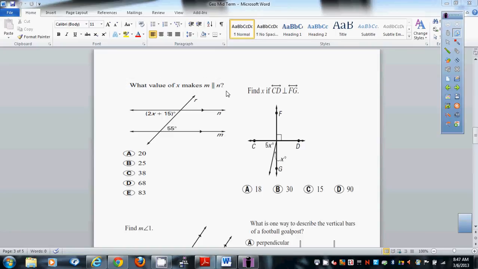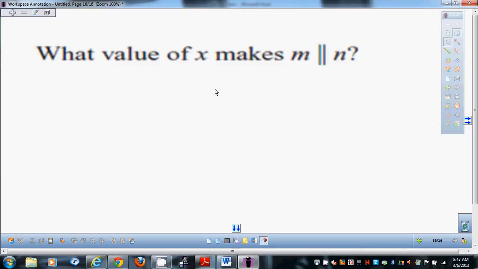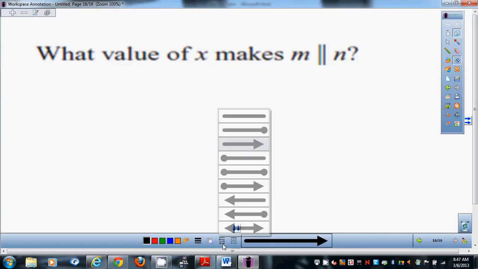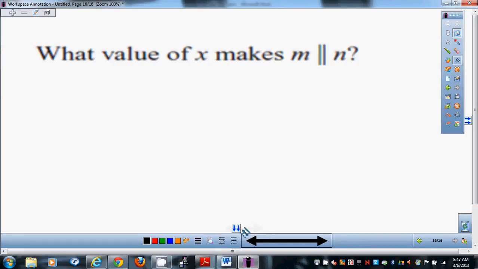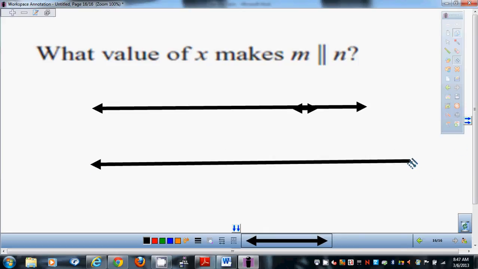That'll be your arrow for that one. Guys, you want to keep sitting there, be quiet. Very good. What value of x makes these parallel? It's going to have to give you some kind of transversal, and then it's going to give you some kind of angle pair. And you have to know if they need to be supplementary or congruent.